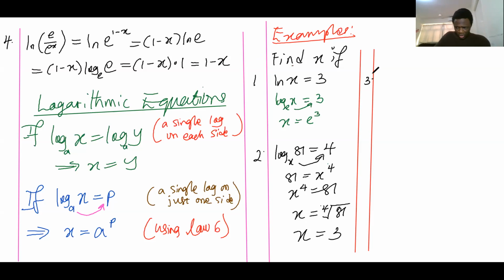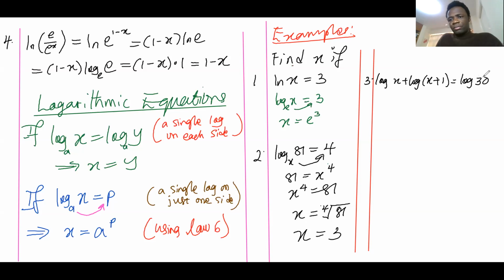We have log on both sides. I have log x plus log of x plus 1 equals log 30. Okay, quickly. First, merge the left because we need one log, right? According to this, you need just one log.